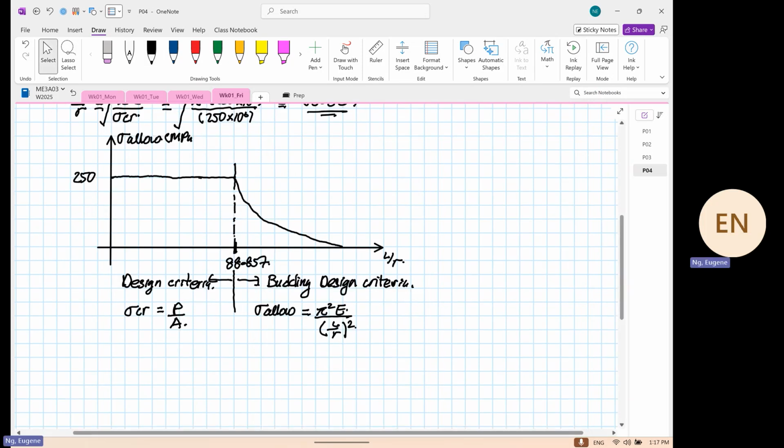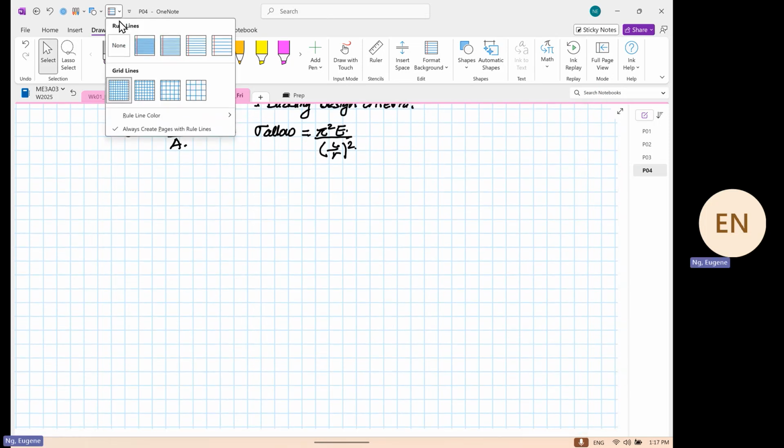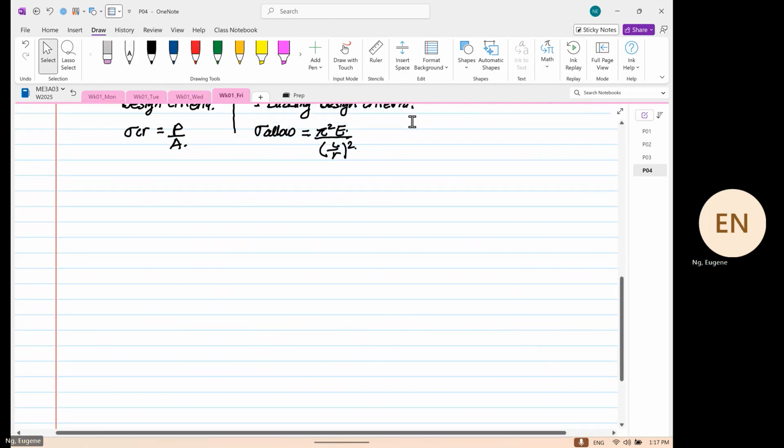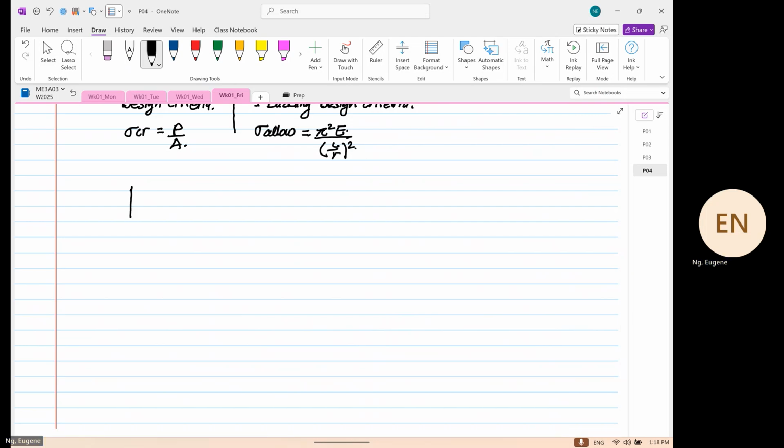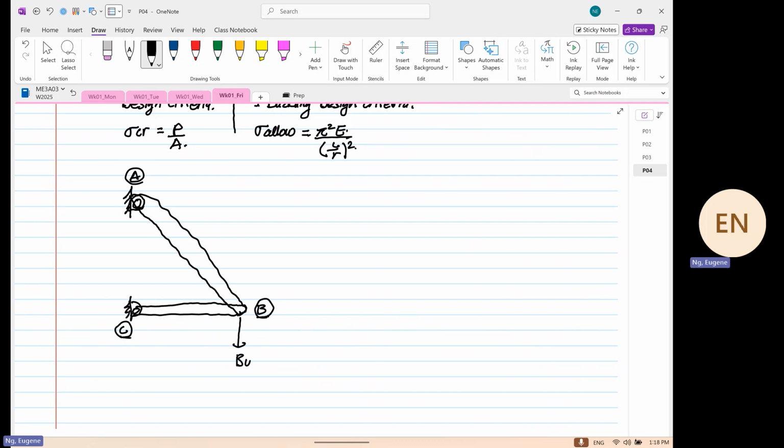I believe we have seen a structure like this before. If we now have a structure that looks like this, you've seen this problem before, yes or no? This is point A, this is point B, and this is point C. And at point B, we have a load.